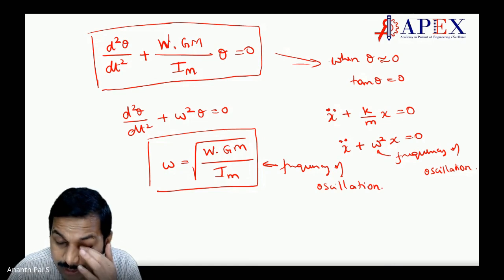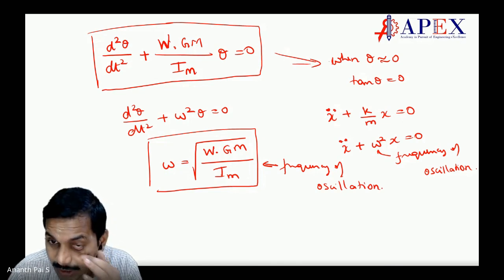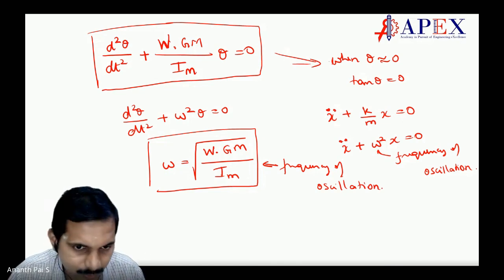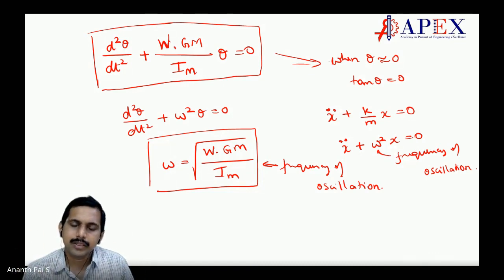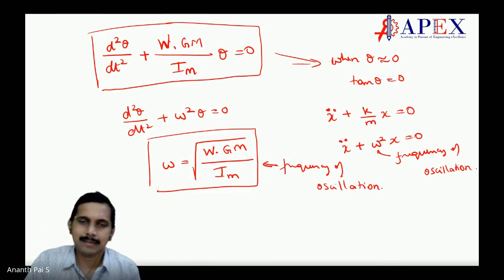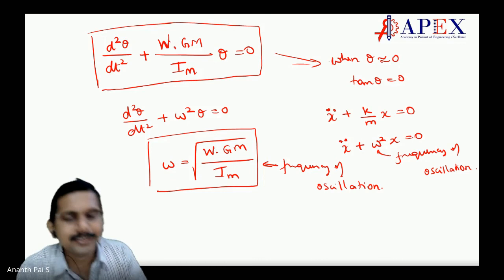Why this frequency of oscillation becomes important is very important to understand. When the frequency of oscillation is very big, there is a problem: you become uncomfortable. If the frequency of oscillation is less, then you're comfortable. If the boat goes like this, I'm happy; if it goes this way, gone.